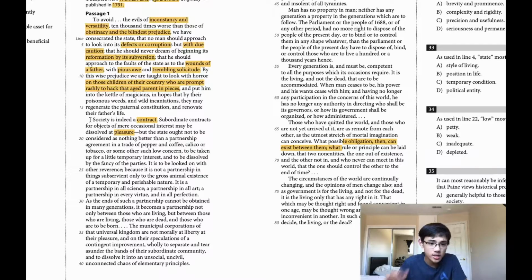So in this first sentence of the second paragraph, the author is basically saying that society is not this temporary agreement, this inconsequential agreement between two parties, as in trade. Trade, as in the trade of pepper and coffee, calico and tobacco, is just this thing that isn't really extremely important.